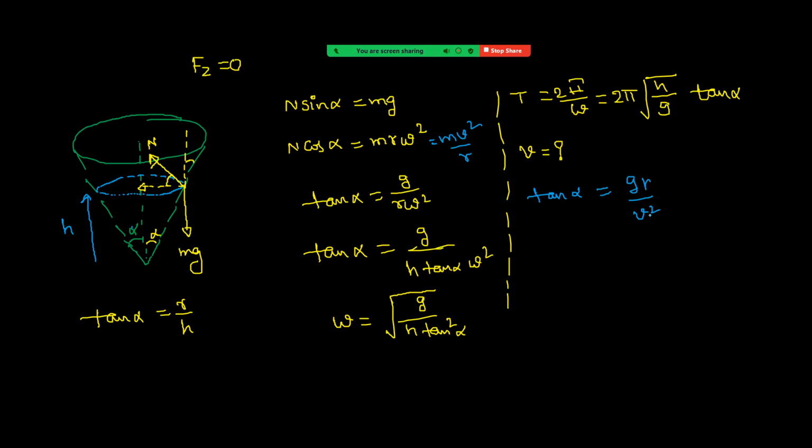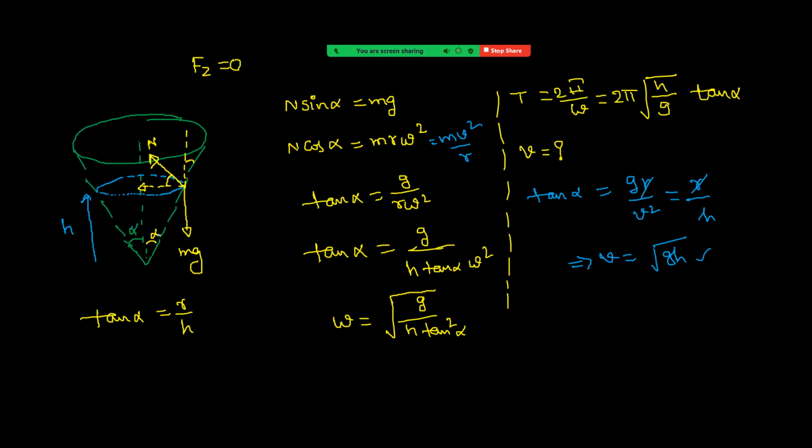I am taking the ratio. In the place of tan alpha, I can write r by h, and r gets cancelled. So we get the speed in terms of only height: v square equals gh, v equals root of gh, right? That means speed depends only on height. It is not on the angle.